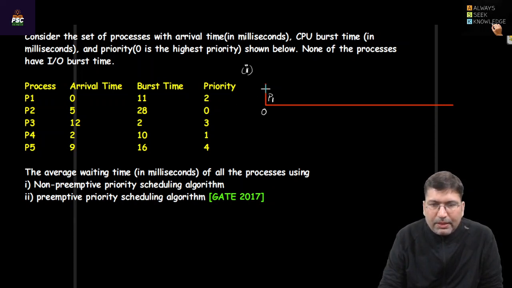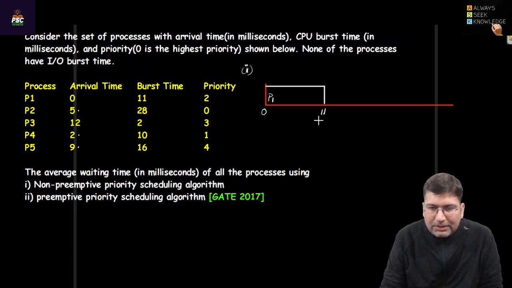So P1 will continue its execution till 11 cycles. Let's say 11 is here. So P1 will execute till this point in time. Now by the time it is equal to 11, P2, P4 and P5 have arrived.